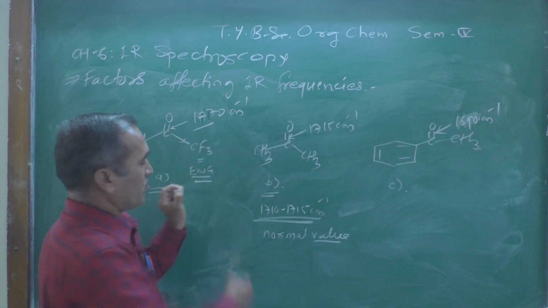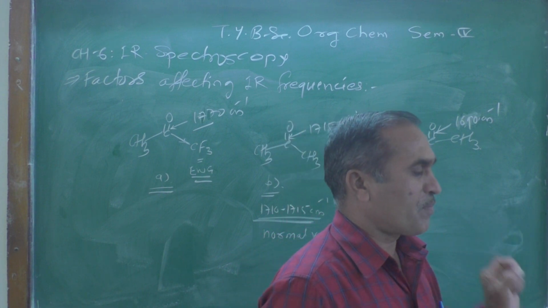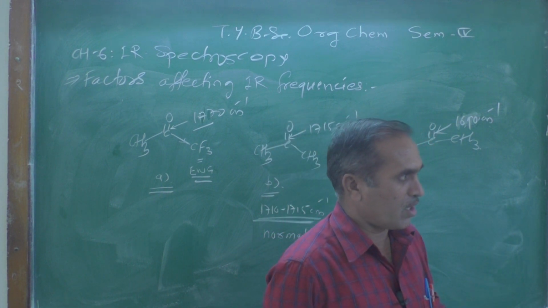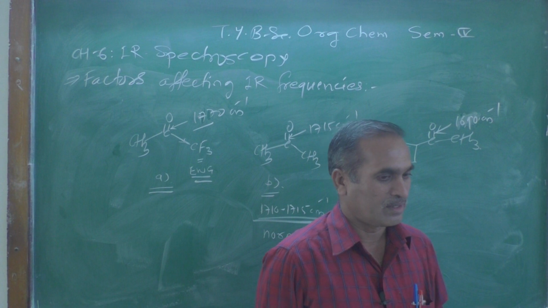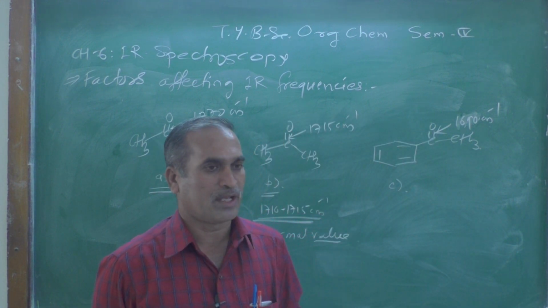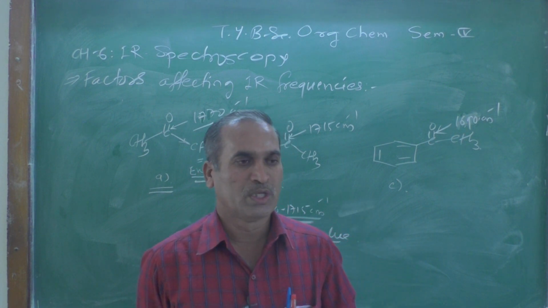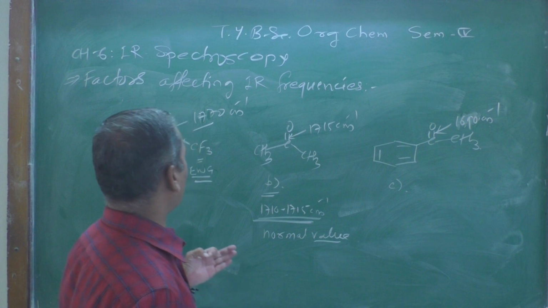The appearance of the carbonyl peak at 1770 per centimeter is due to the electron withdrawing group.